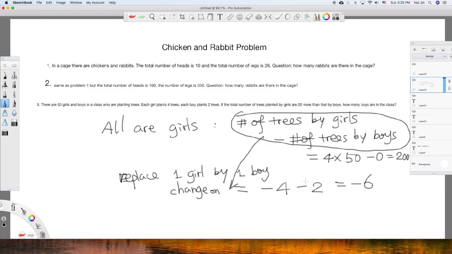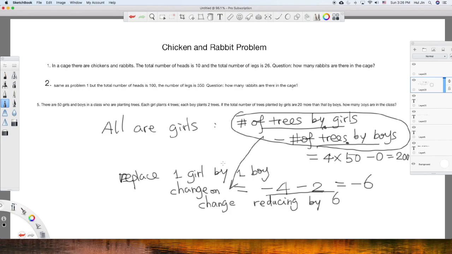You see, I'm taking the difference between the number of trees by girls and number of trees by boys. Every time I'm taking out one girl, I'm reducing this amount by 4, and I'm increasing the boys' amount by 2. So the difference changes by minus 4 minus 2 equals minus 6. A change is reducing by 6. And this is true for every time when I take a girl replaced by a boy.